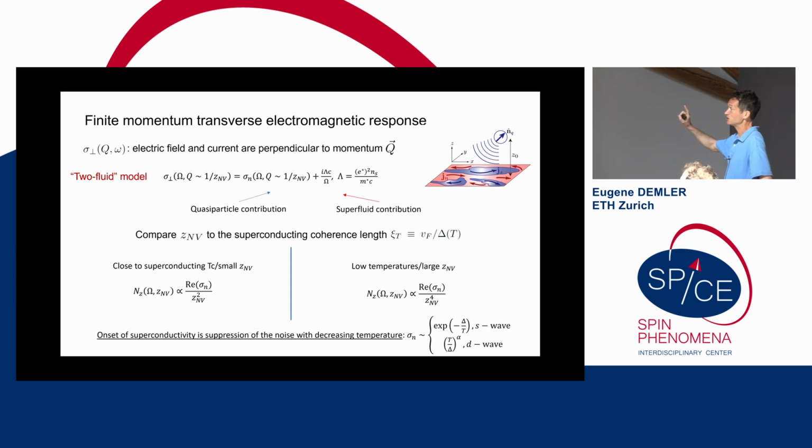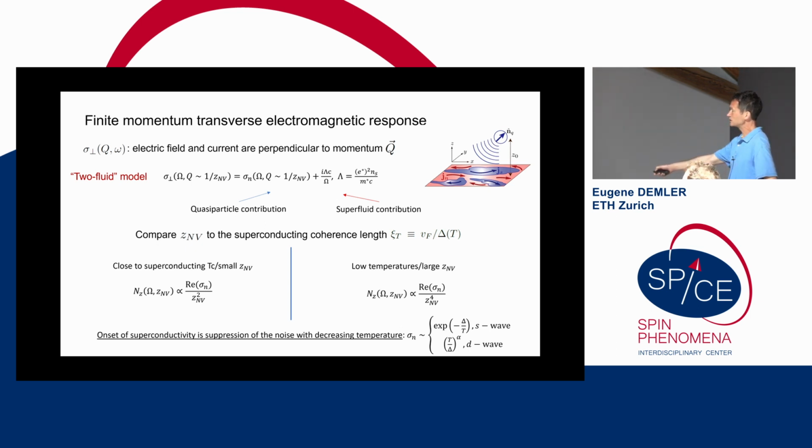Because if you think physically, we have to relax the spin of the NV center, so energy must be absorbed. That's why the real part of conductivity should come in. But then, because of the interplay with the superfluid component, we see that the dependence on the distance to the surface will come with different power laws depending on whether we are close to Tc, when we have a large superconducting coherence length, or at low temperatures when the gap is already large and the coherence length is small.